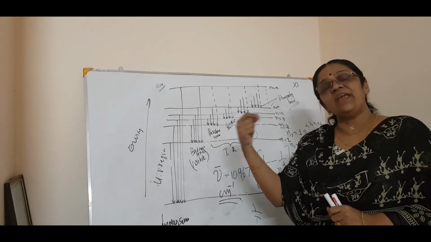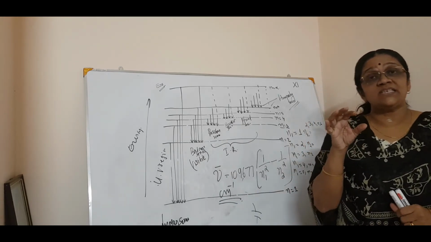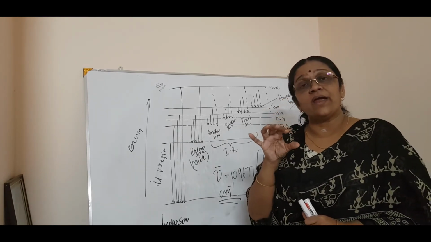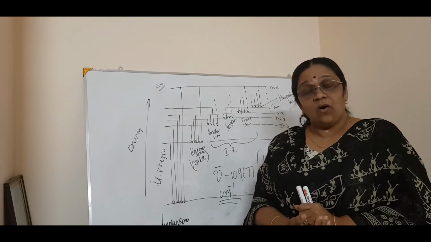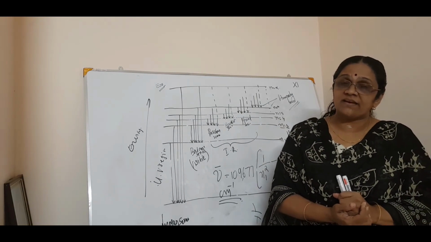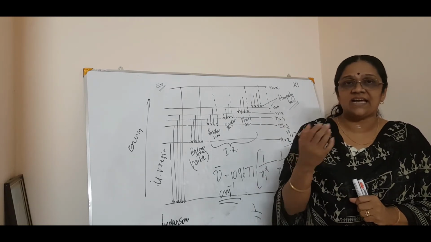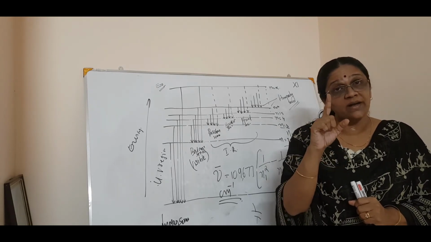Like that, for every atom it is there. But the line spectrum is very, very simple for a hydrogen atom. That is the next point. The line spectrum is only described in terms of hydrogen atom because hydrogen contains only one electron.